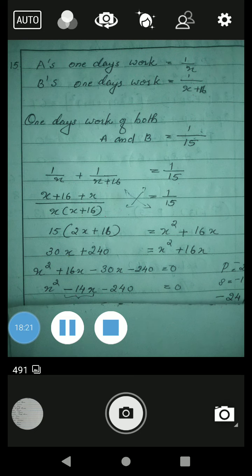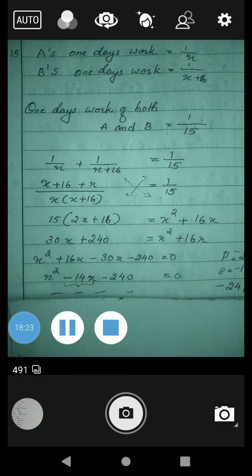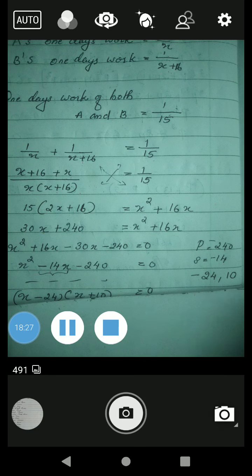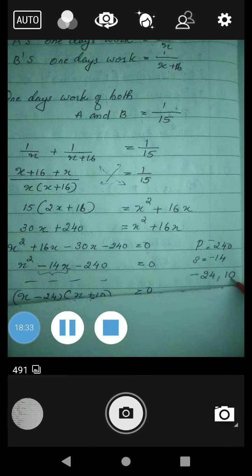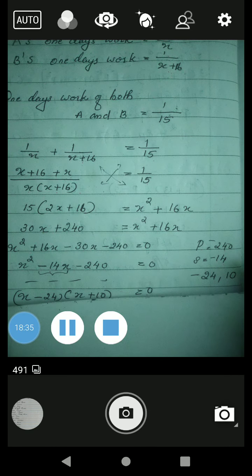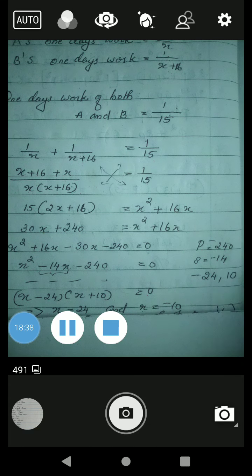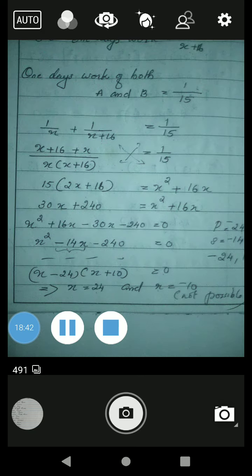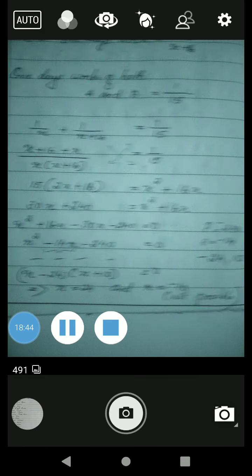That is x square minus 14x minus 240 equal to 0. Using the product and sum method, that is, product is minus 240, sum is minus 14. Two numbers are minus 24 and 10. Therefore, x minus 24 into x plus 10 equal to 0. x is equal to 24 and x is equal to minus 10.